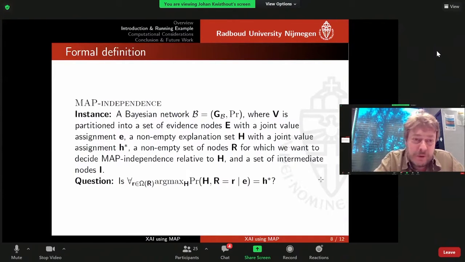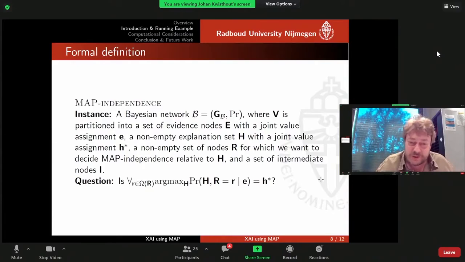So we formalize this problem as follows. We call it MAP independence. We have as an instance a Bayesian network and a partition of the variables into evidence nodes, which could be empty, an explanation set that has a particular joint value assignment, a non-empty set of nodes R, for which we want to decide whether they are or are not independent relative to the explanation, and a set of intermediate variables. And then the question is, is it the case that for all the joint value assignments to this set R, the best explanation of H given the evidence E is in fact H star?